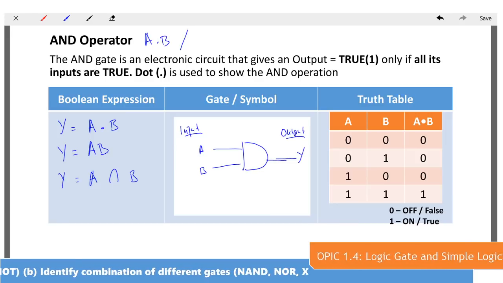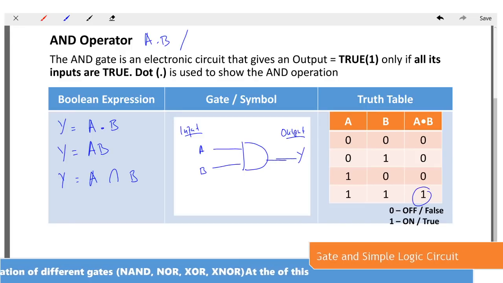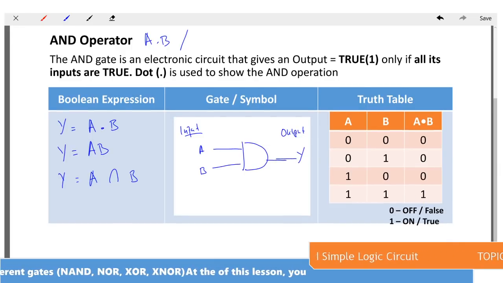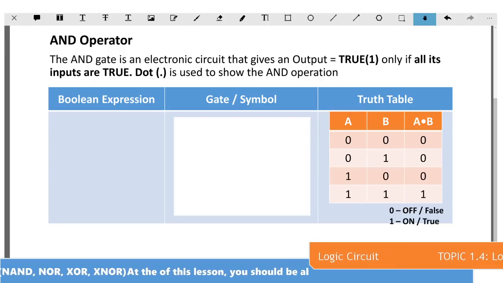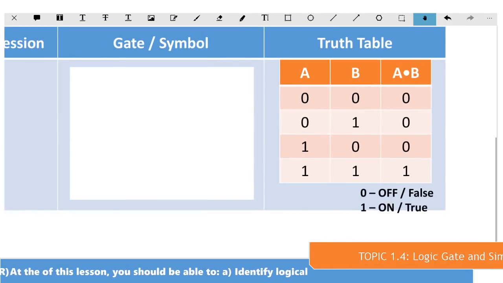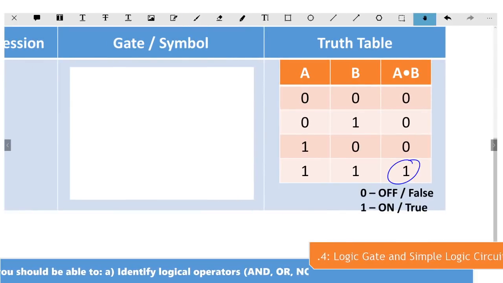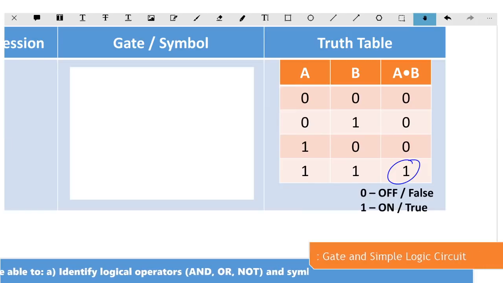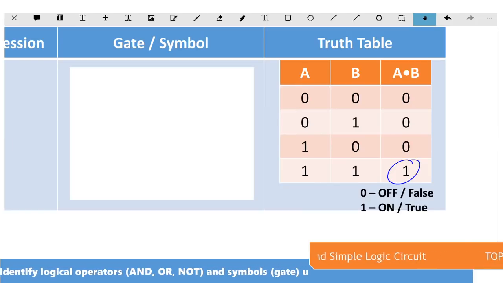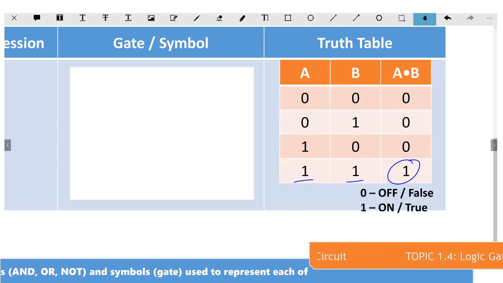The truth table shows the output is true if and only if both A and B are true.